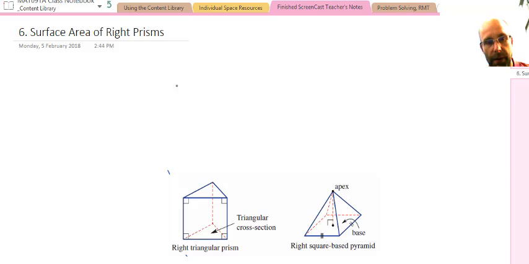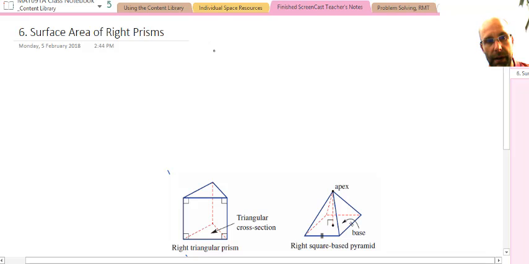So if you think about, I don't know if you've ever seen someone feeding a big dog, you might have a tin of dog food, and we have something like this. We know this is a special sort of prism called a cylinder.